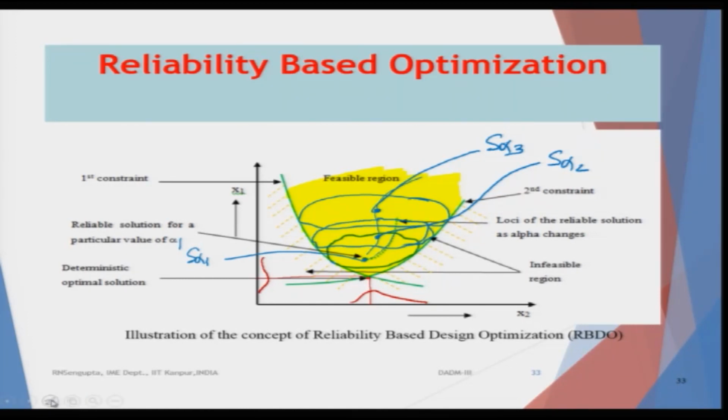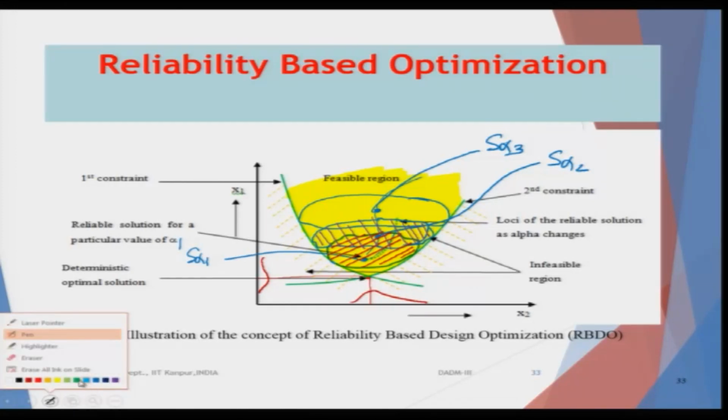So, if I consider this, it is of reliability alpha 1, this is of reliability alpha 2, and this is of reliability alpha 3.